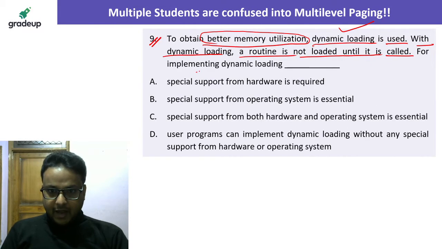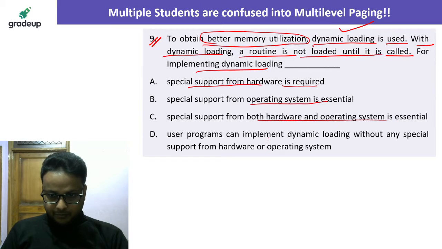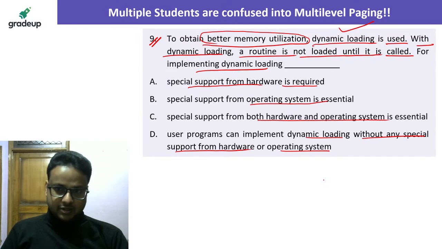For implementing dynamic loading, special support from hardware is required, or special support from the operating system is required, or special support from both hardware and operating system is required, or user programs can implement dynamic loading without any special support from hardware or operating system.